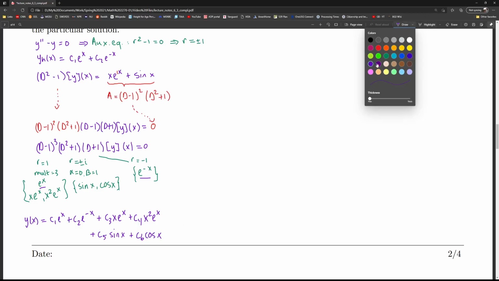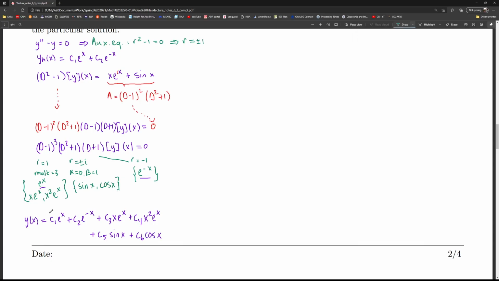So we now have our most general equation here. And what you should note is that this part is our homogeneous solution, and then this part right here is our particular solution.